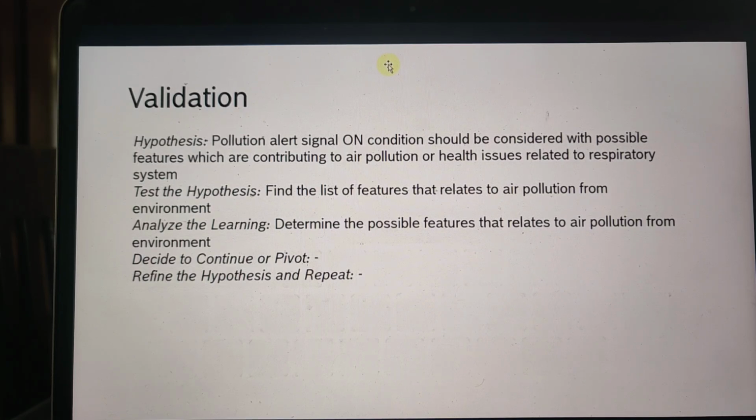While testing the hypothesis, we need to find which possible features contribute to the air pollution from the environment, and we need to do the analysis and learning part. We need to find the maximum valid features contributing to the prediction. So this is the validation plan. We need to go through a series of steps, and finally define the features contributing to this air pollution.